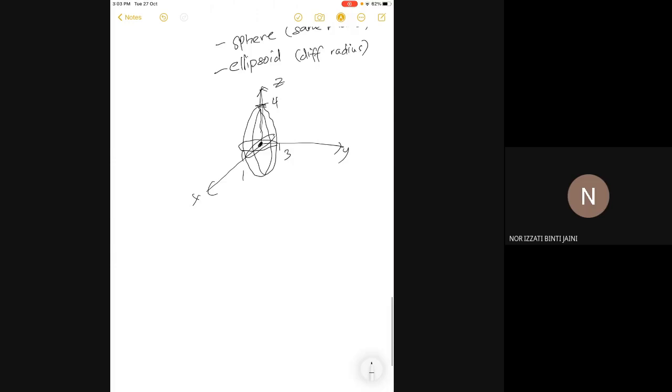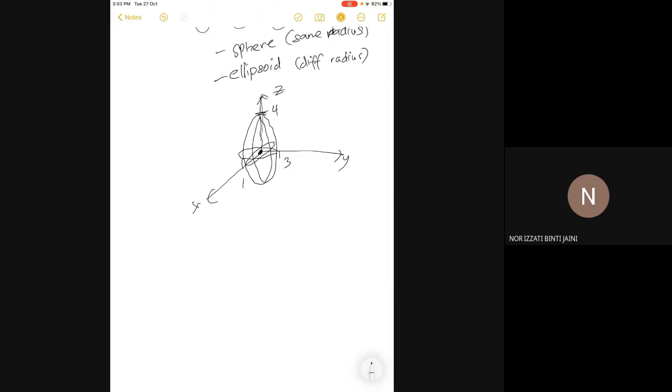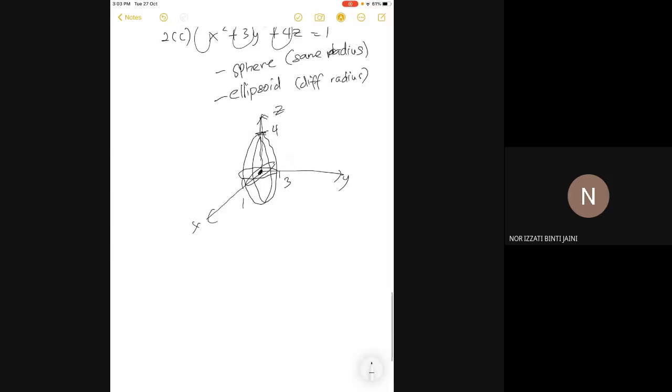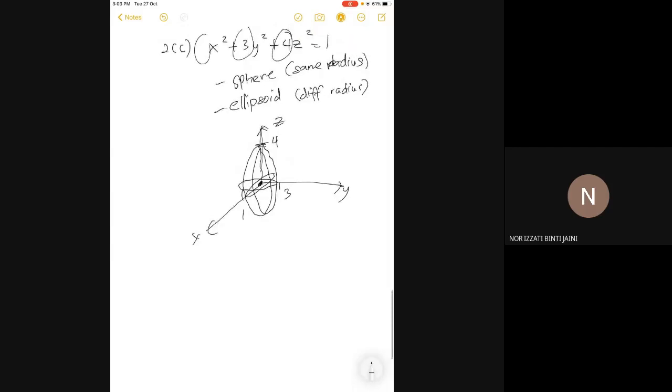Ada soalan lagi? I mana satu ni? 2I, 1I ke?